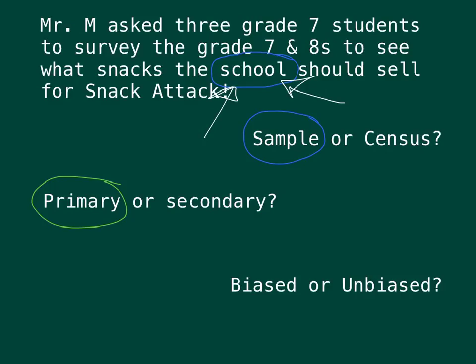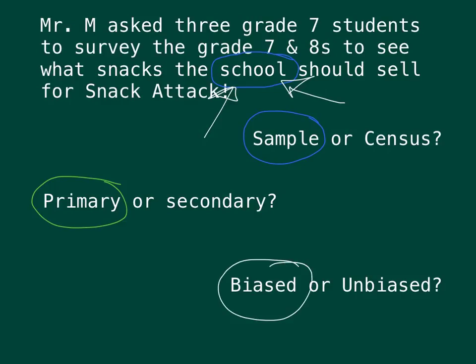If they were doing something about their area of the schoolyard or a program that's only available to them, then maybe it would be considered unbiased. But what's happening is you're giving the grade 7s and 8s preference over the entire rest of the school in making a decision that's for the rest of the school, so that data is definitely going to be at least a little bit biased.